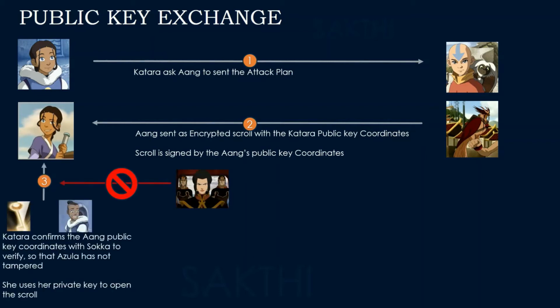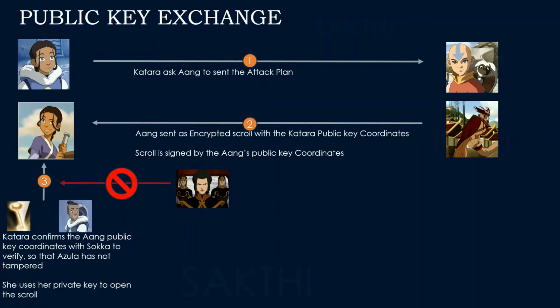Now, when Katara gets that information, she has to do two things. One, she has to confirm whether the scroll was sent by Aang or tampered with by any intruders, and she has to have the private key to open that scroll.